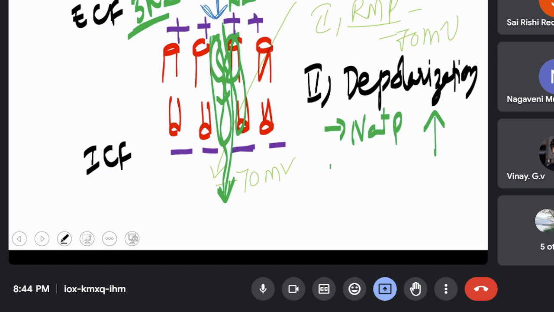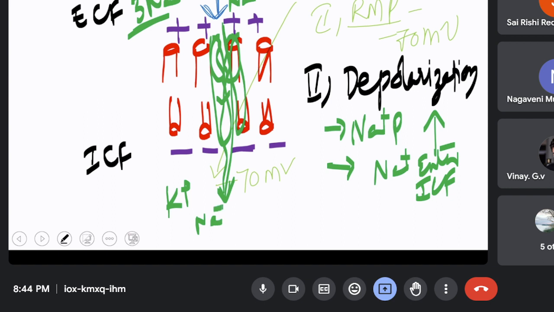So due to the increase in sodium permeability, sodium ions enter the intracellular fluid. Already potassium ions are there, already sodium ions are there. Now more sodium ions are there. Now what happens? There is increased positivity inside. So due to this, positivity occurs inside.